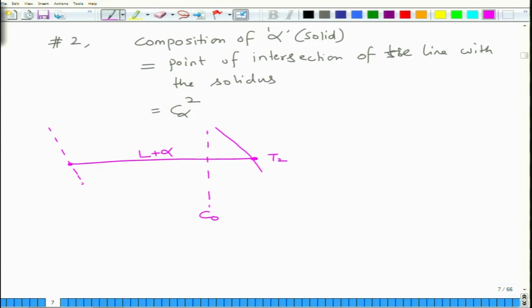Okay. Let me use a different color. This is the liquidus. So, this point is the alpha composition and this point is the liquid.